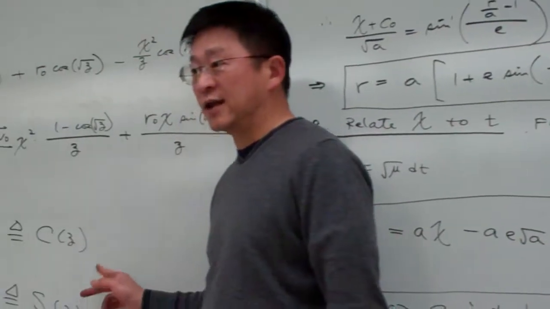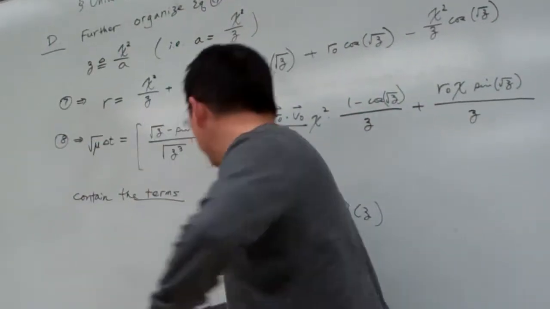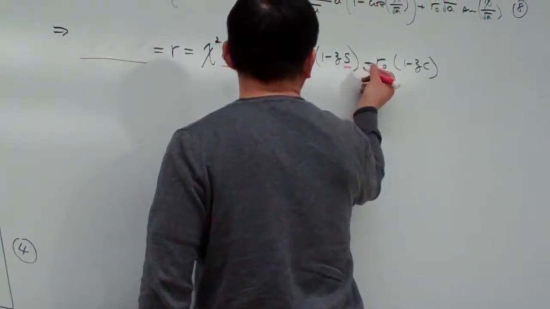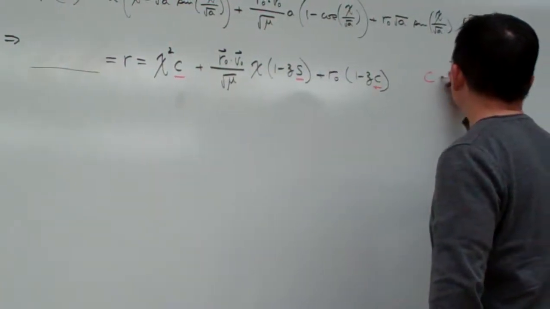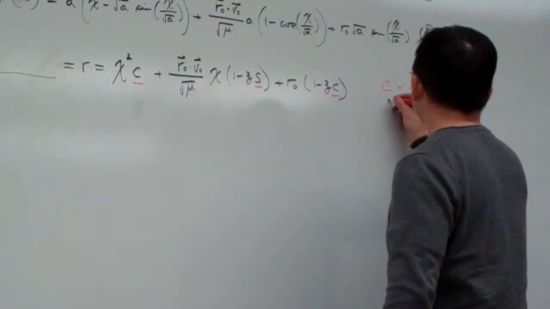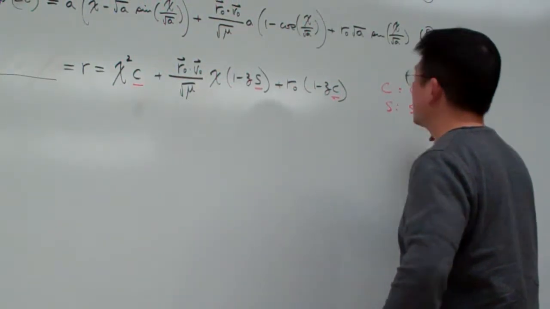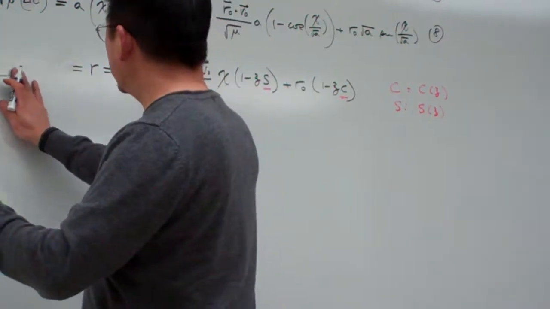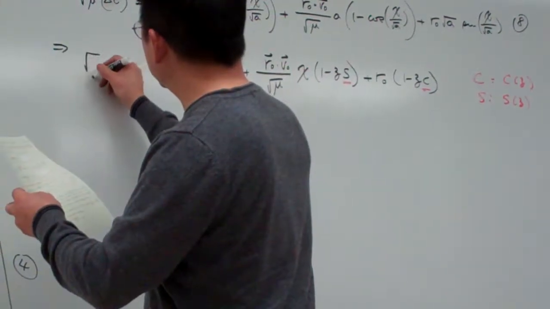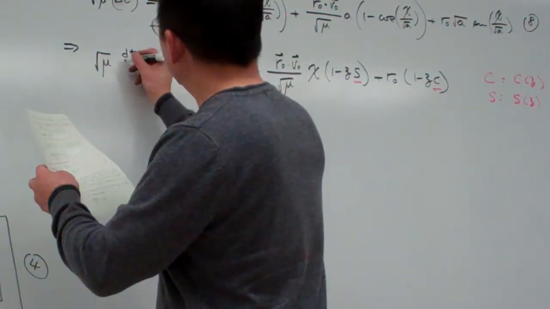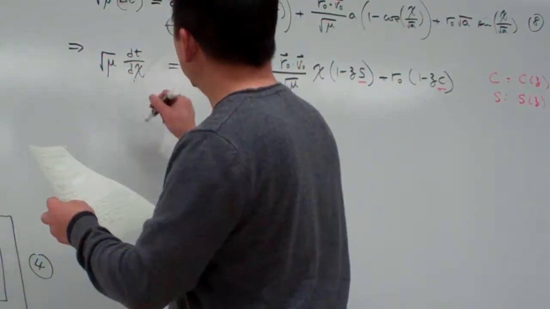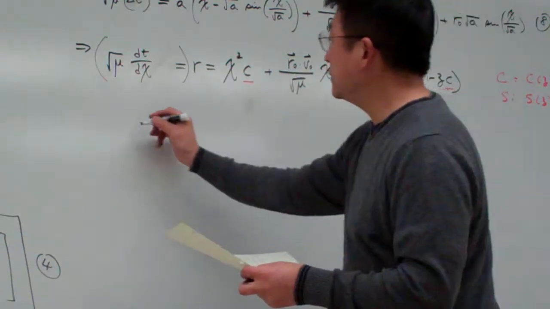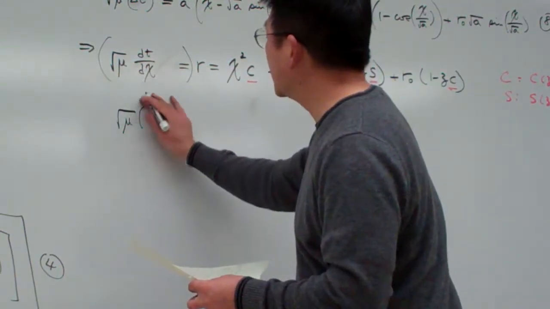For simple writing, I simply drop off the z. So C means C of z, and S means S of z. For r here, that is equal to mu over dt and dx, from our definitions. We can put that here. Equation 10 is mu over delta t.